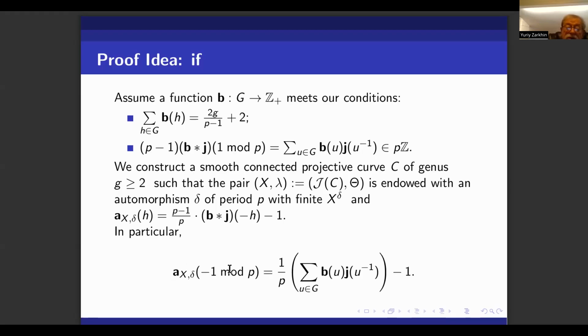In particular, the value of our function A x delta at minus 1 mod p will be exactly 1 over p of this expression, minus 1. Since we'll see that our A x delta takes on integer values, this would give us the integrality condition, if you like.